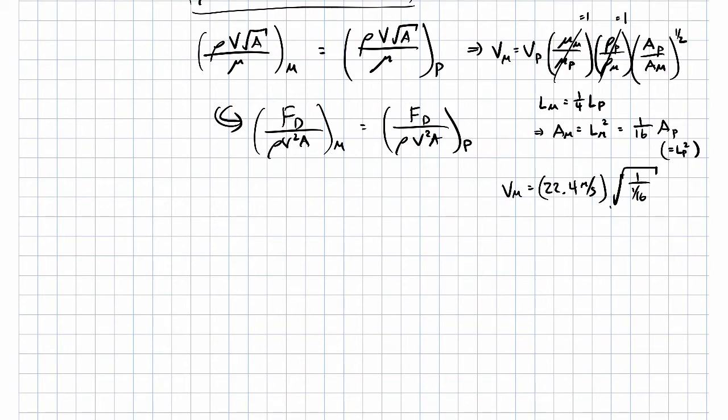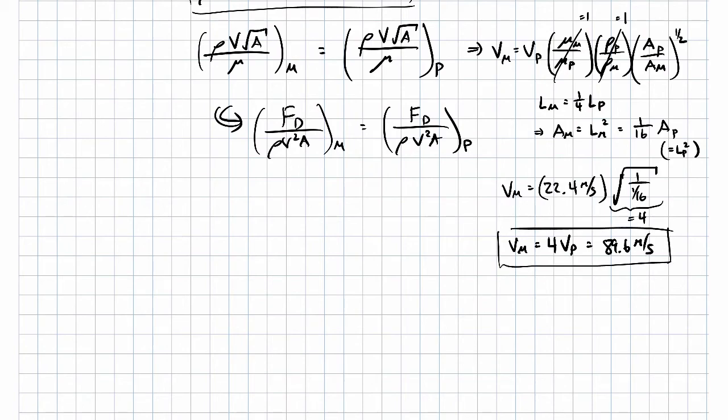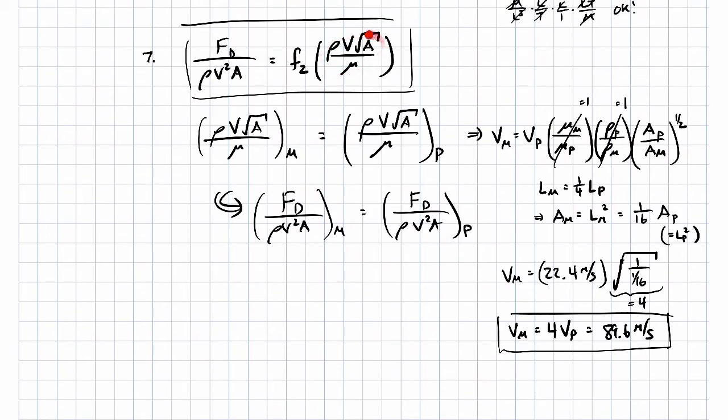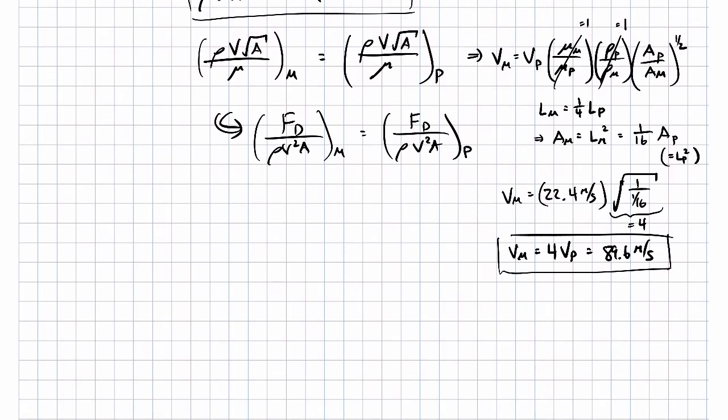So this will just be equal to 4, so that the velocity we need to use in our wind tunnel will be 4 times the velocity in the prototype, which is 89.6 meters per second when you plug in the numbers. So that's the velocity we need to use in our wind tunnel. Okay, and that just comes from equating the pi term on the right-hand side of the equation here. It's just a Reynolds number.